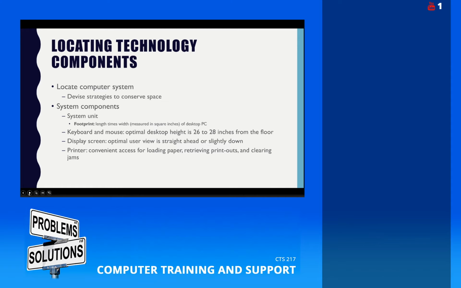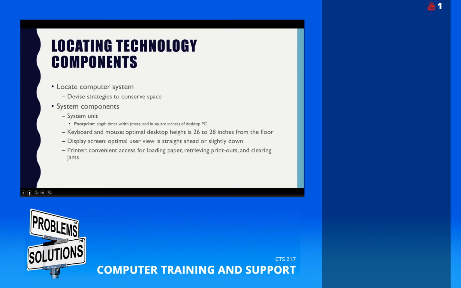So when coming up with a location to put your technology components, one of the big things that you want to do when you're trying to find a location to put your computer system is you want to devise strategies to conserve space. Space is at a premium. I mean, that's sort of understood. Like, the building is pre-built.